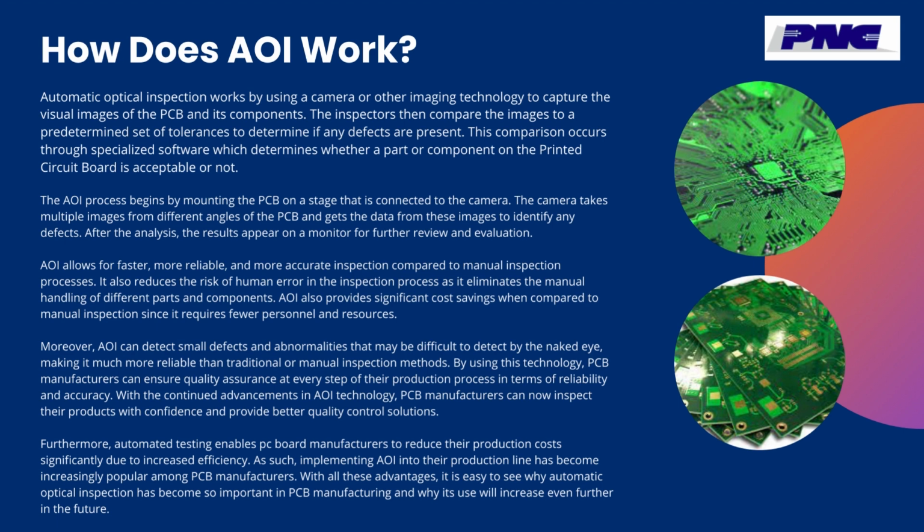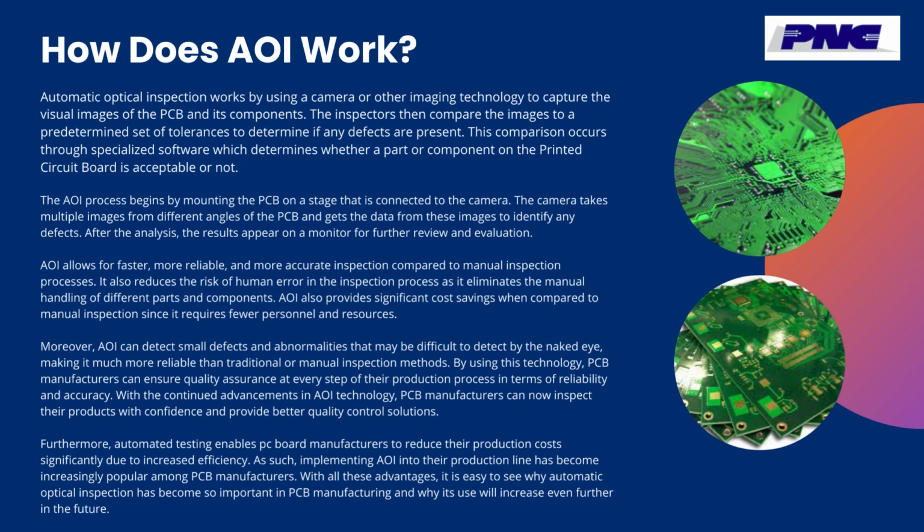Automatic optical inspection works by using a camera or other imaging technology to capture the visual images of the PCB and its components. The inspectors then compare the images to a predetermined set of tolerances to determine if any defects are present. This comparison occurs through specialized software which determines whether a part or component on the printed circuit board is acceptable or not.